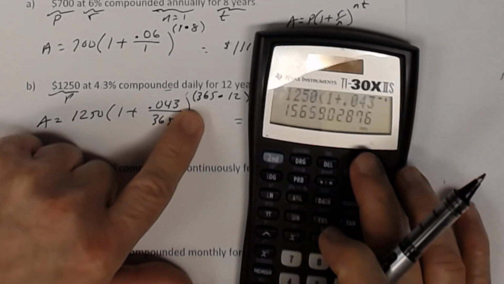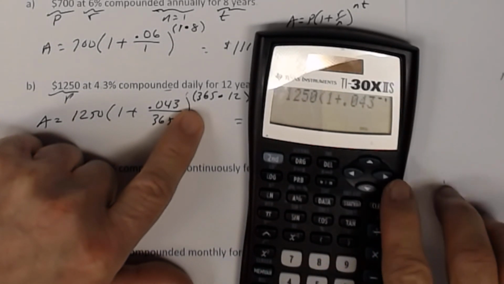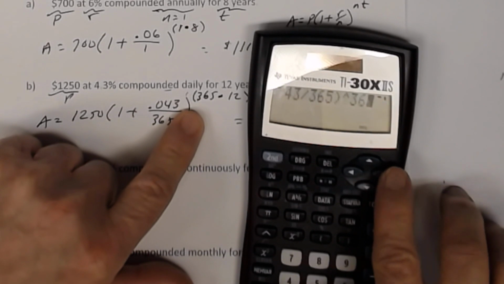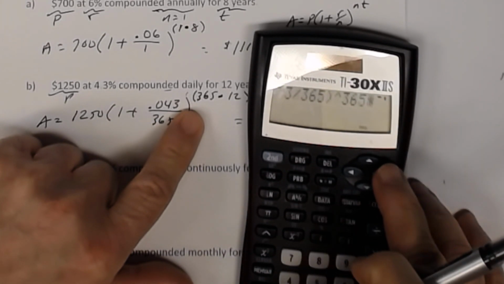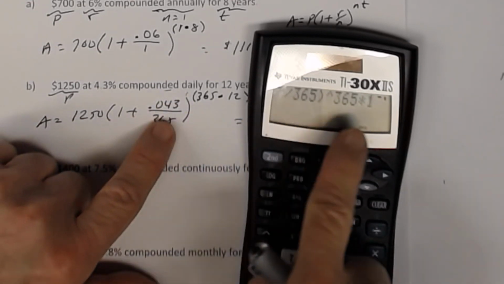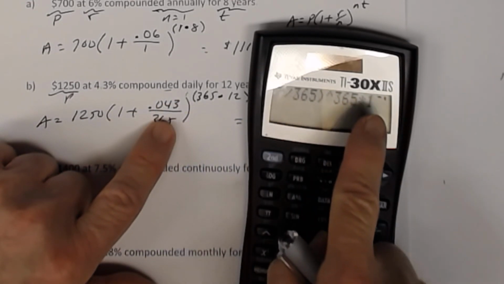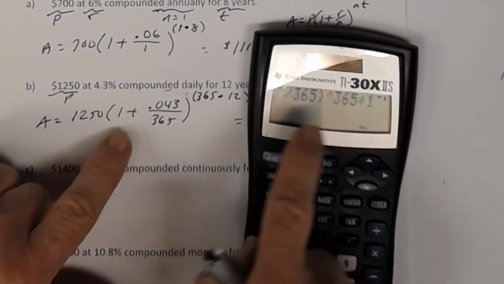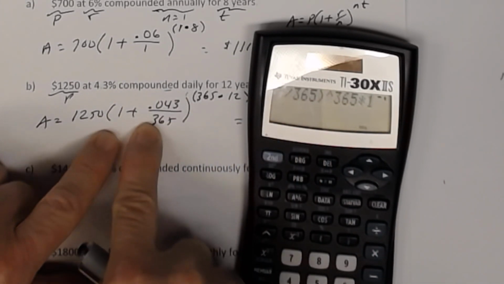What happened is this. Let me go back to it. I'm going to tell you what you're doing. So you see right here when I raise this right here, so that's this part here, to the 365th power, and then times, what's happening is that the only thing that's being raised to the 365th power is this right here.